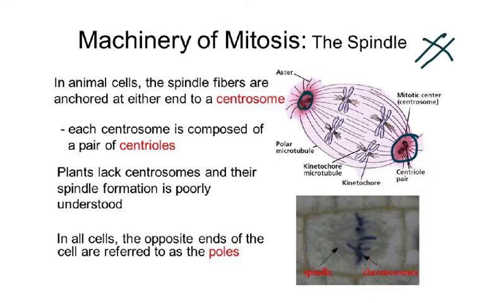There are 2 rod-shaped structures, and these are called the centrioles. Then plants lack centrosomes, and their spindle formation is poorly understood. In all cells, the opposite ends of the cells are referred to as the poles. So you don't say ends, you say poles, and that is the important word that we use, that the chromatids separate and then move to the poles of the cell.